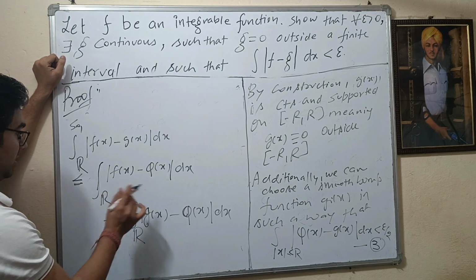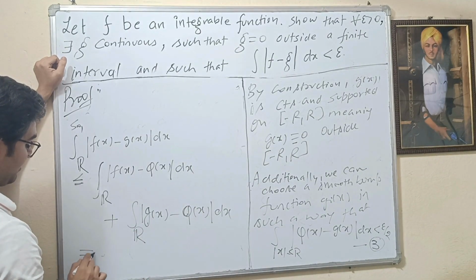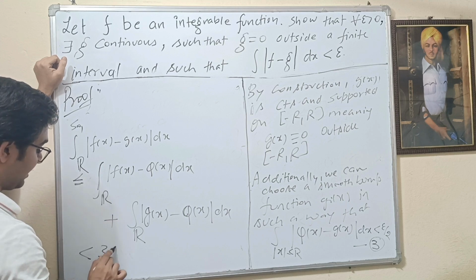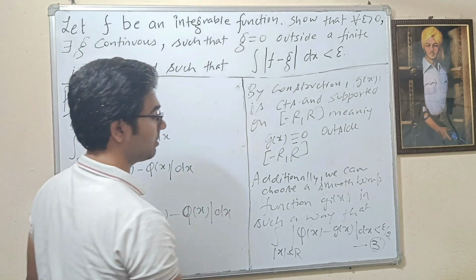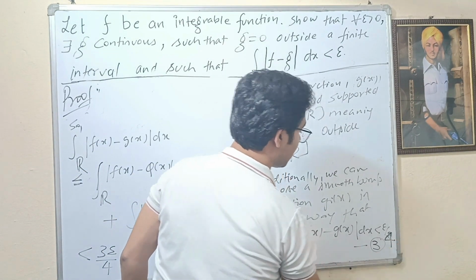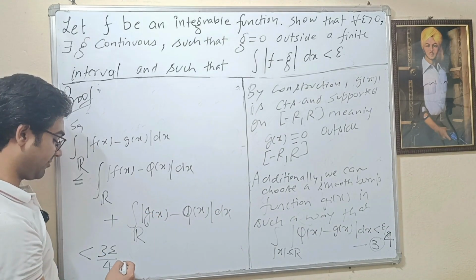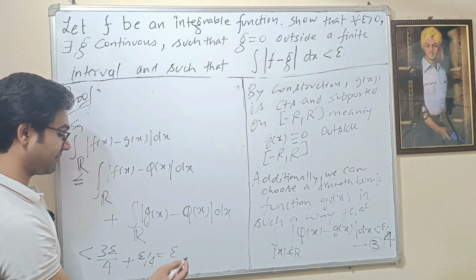So by inequality 2, the first term is less than epsilon by 4, and by inequality 3 we have epsilon by 2. So we have epsilon.